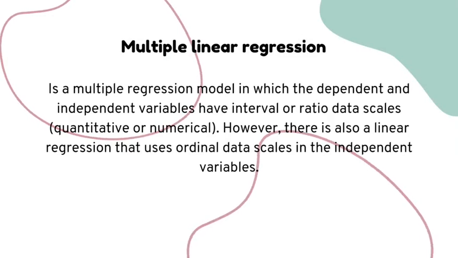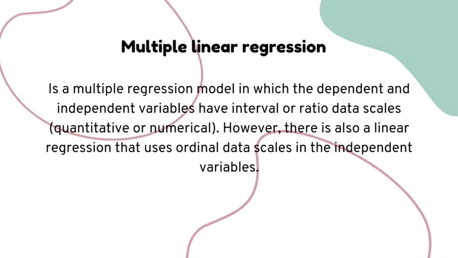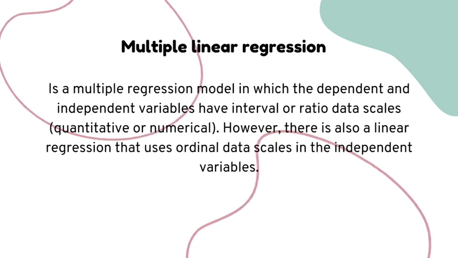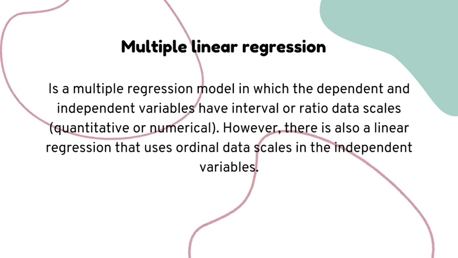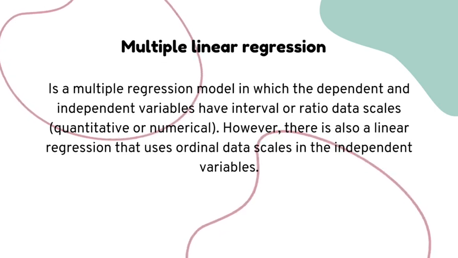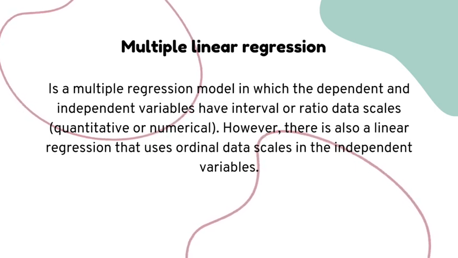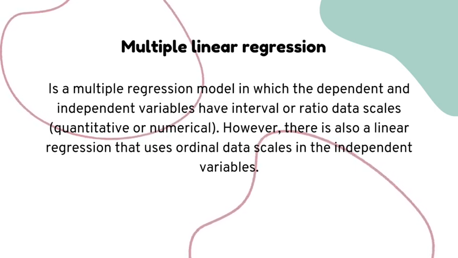And lastly, which is also our topic at this time, is multiple linear regression. Multiple linear regression is a multiple regression model in which the dependent and independent variables have interval or ratio data scales, quantitative or numerical. However, there is also a linear regression that uses ordinal data in the independent variables.